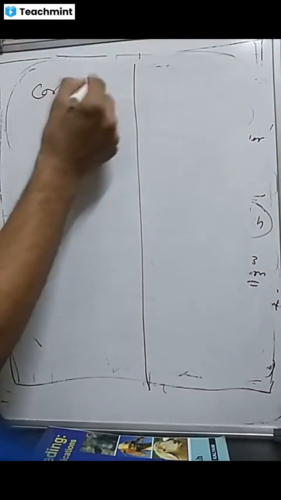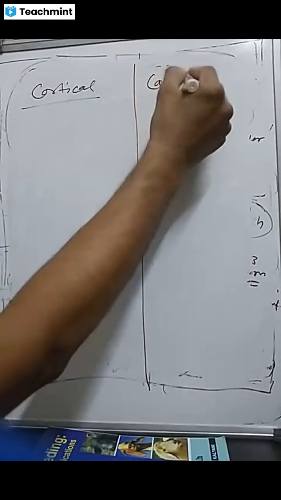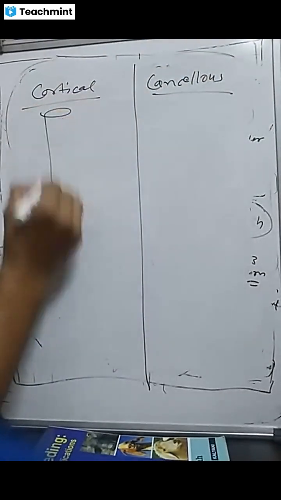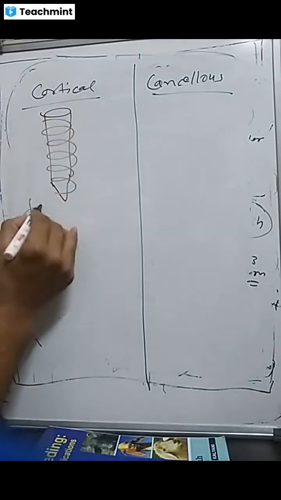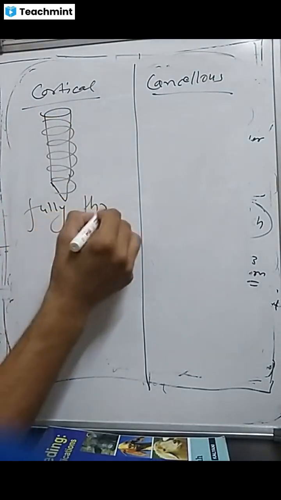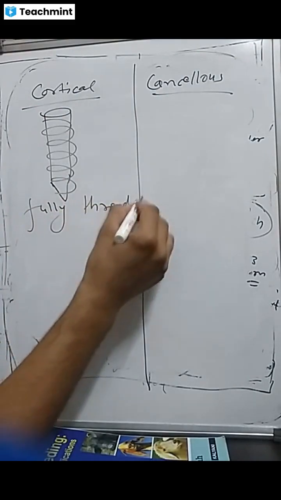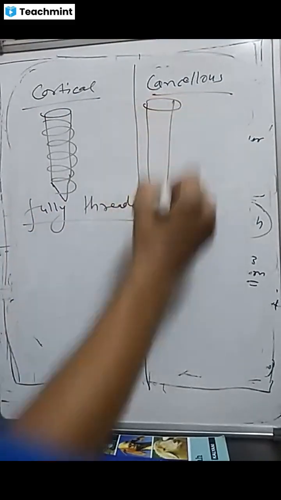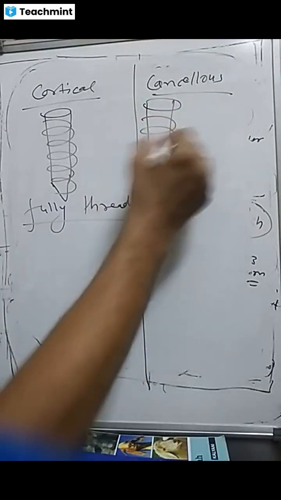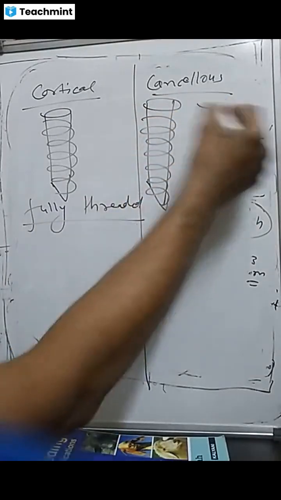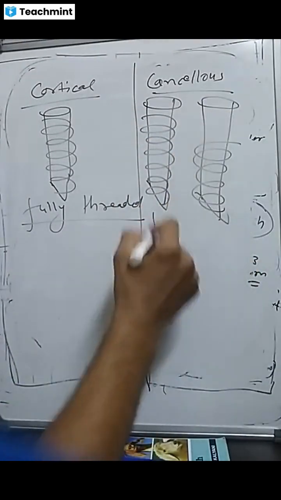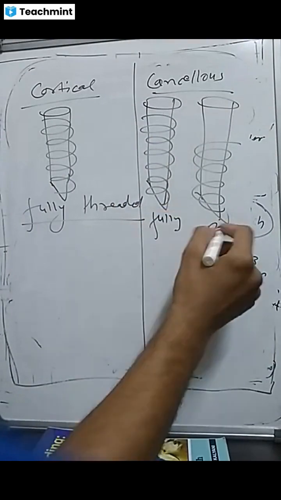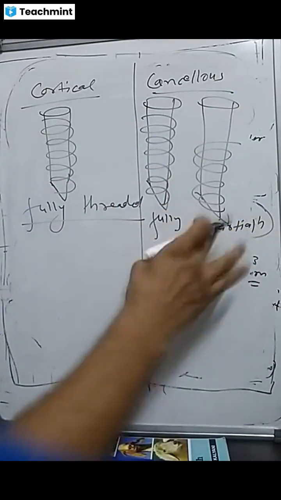Now if I summarize them, cancellous and cortical. Cortical screws are usually fully threaded. Cancellous screws may be partially threaded.